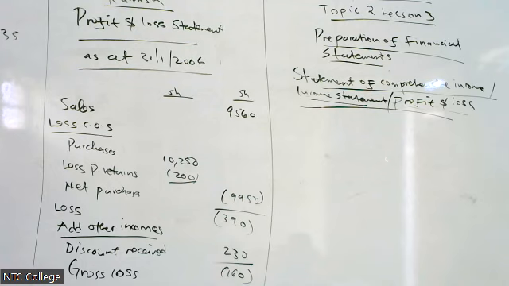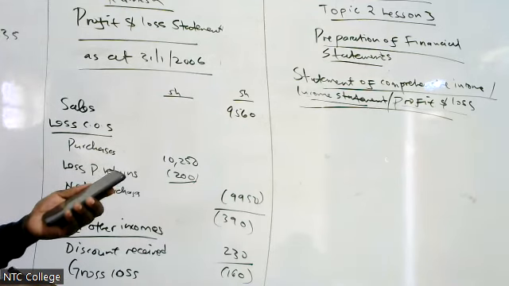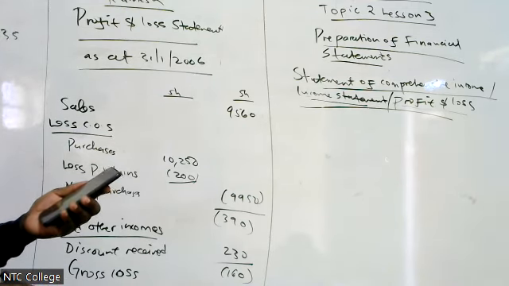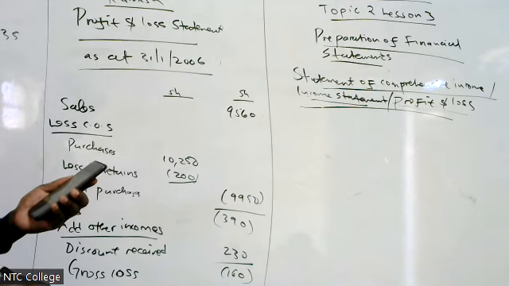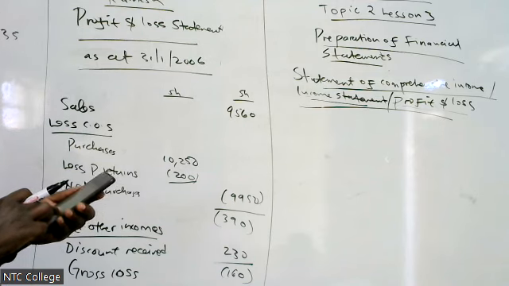From there, we had return outwards. Where do we put return outwards? If you return purchases, it becomes return outwards. You guys are lost.